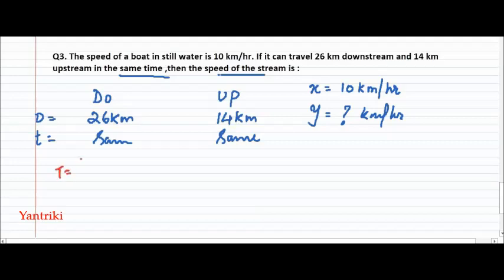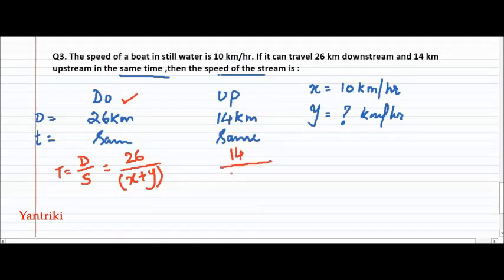So again we are going to use the same concept. Time is equal to distance divided by speed. So in case number 1, when it is downstream, it is 26 kilometers divided by the speed. Speed is x plus y. For downstream, we have understood the concept, it is always x plus y.